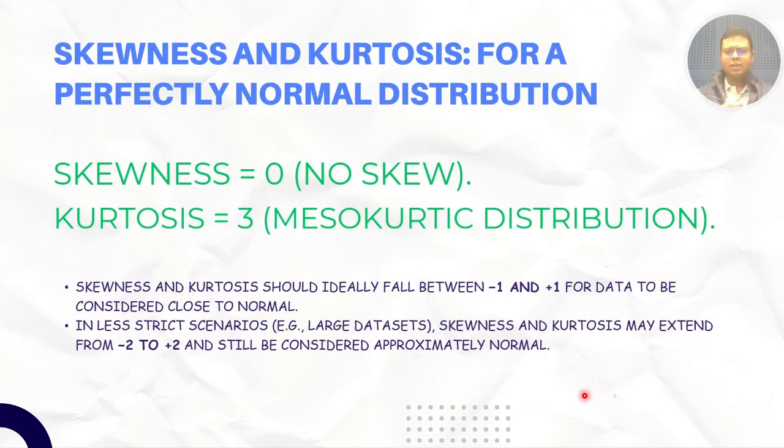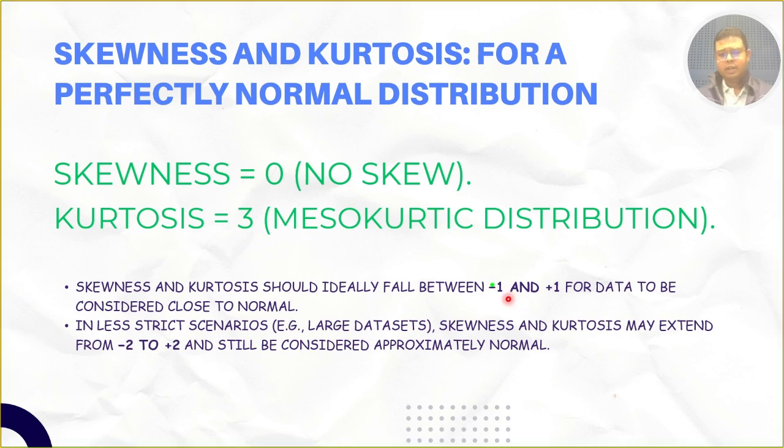Sometimes we also assess perfectly normal distribution using skewness and kurtosis. What are skewness and kurtosis? Ideally they should fall between -1 and +1. Once again, -1 to +1. In many cases, some researchers accept skewness and kurtosis within -2 to +2.